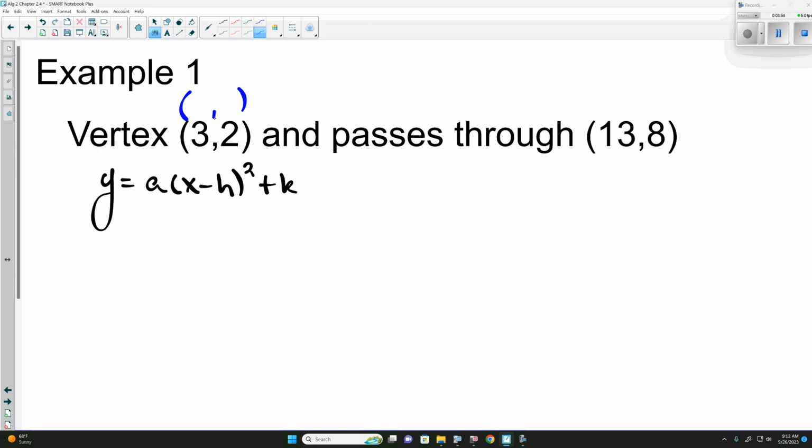Now, the vertex is still the point (h, k). So just from the vertex, it tells us the value of h is 3 and the value of k is 2.